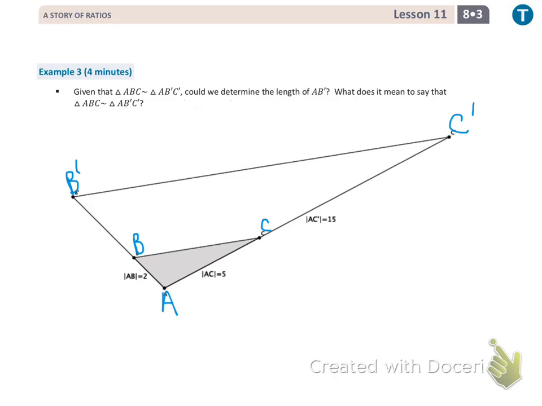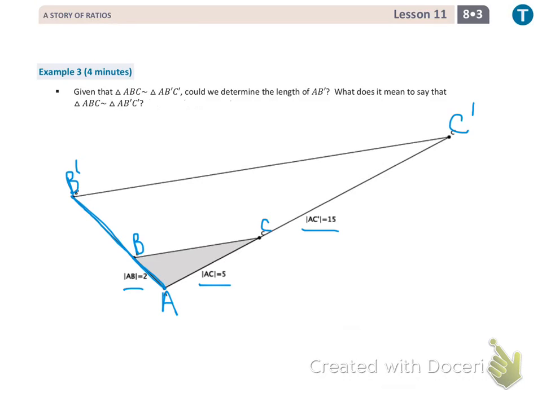We're told that AC is 5, AC prime is 15, and AB is 2. So it says, how could we determine the length of AB prime? So that's this longer length here that I'm not given.